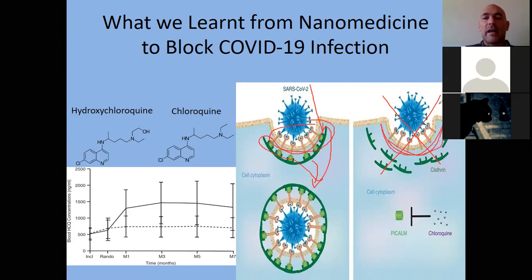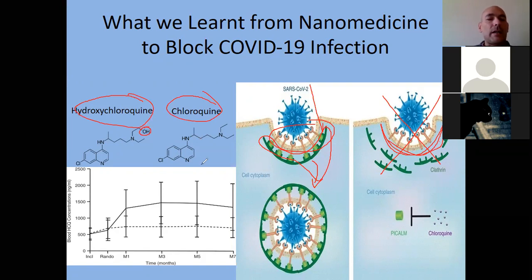So the virus cannot enter inside the cell. So chloroquine does not kill the virus. Chloroquine prevents the virus from entering the cells and infecting inside the cells. Now, you heard about chloroquine and you also heard about hydroxychloroquine. The main difference is this functional group here.